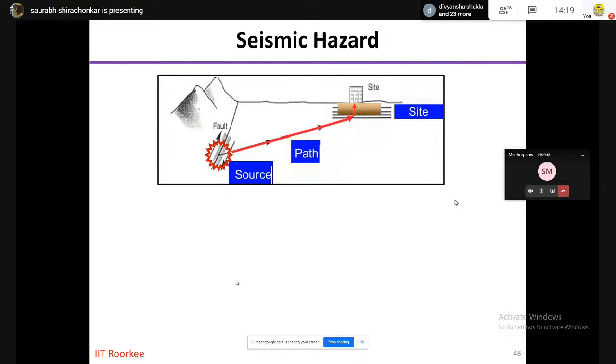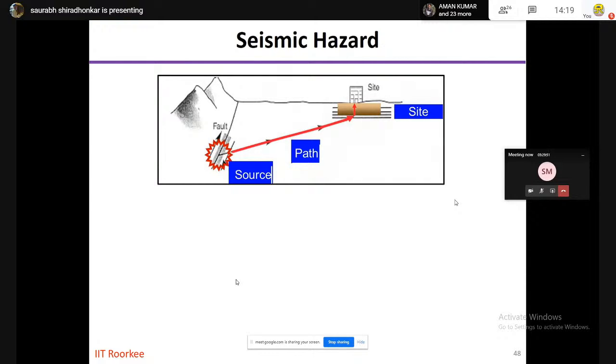So first of all, let's understand how do we probabilistically model the seismic hazard? Because as we all know, earthquake is a very uncertain event.